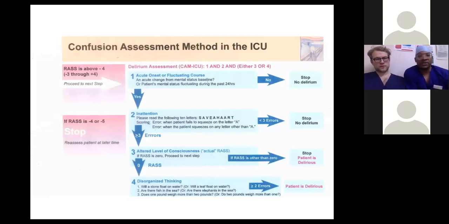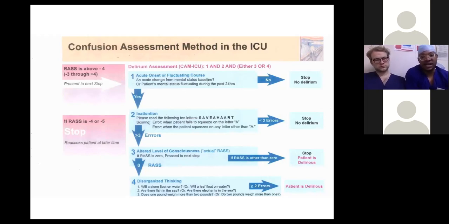So the first step is to assess the patient's RASS score, and it needs to be between -3 and +4. Once that's the case, then you can proceed to do your CAM-ICU. The first step is to assess whether there's any form of acute onset or fluctuating course, from their baseline, what that normally is. And if there is one, then you move on to the second step, which is inattention, and they have to squeeze the hand every time the letter A comes on.